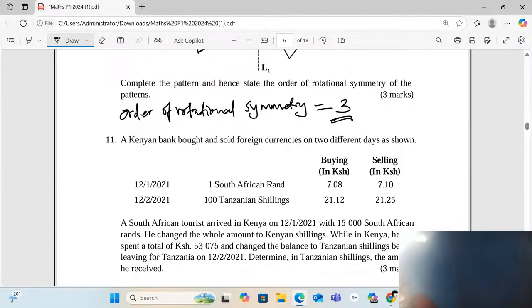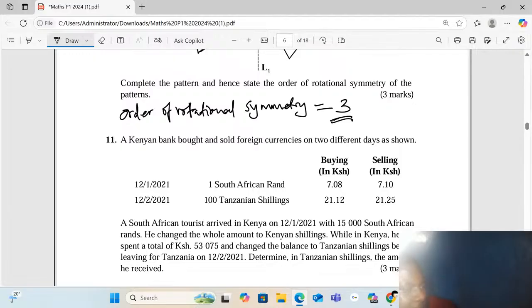A tourist from South Africa arrived in Kenya on that 12th of January with 15,000 South African rands. He changed the whole amount to Kenyan shillings.